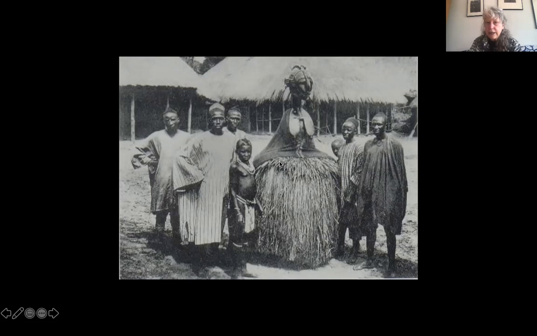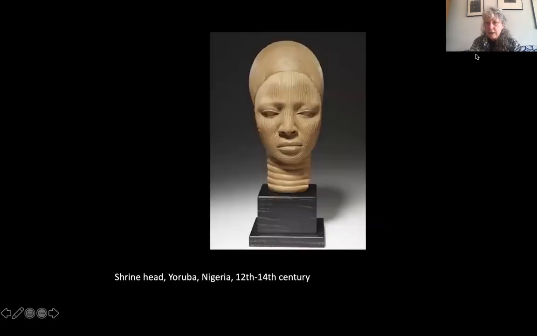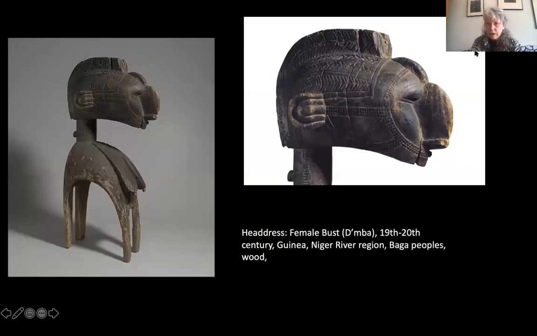And he dances the figure of this female ancestor, you could say, in the Baga people culture of Guinea, which is on the west coast of Africa, part of West Africa. And it's called a Dimba mask. So when you see it in a museum, it looks like this, and you're like, what are these legs? But no, this fits over your head if you're the dancer.